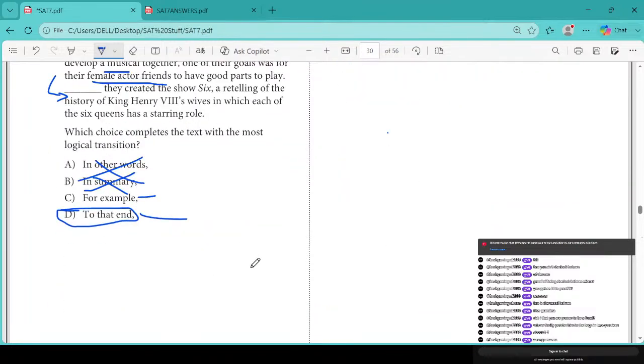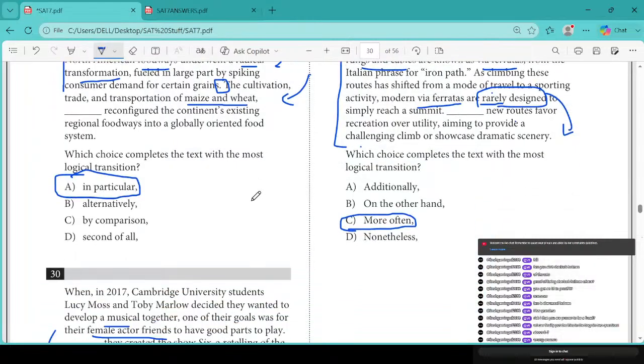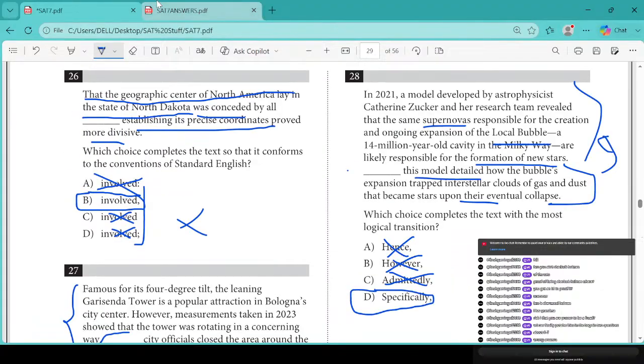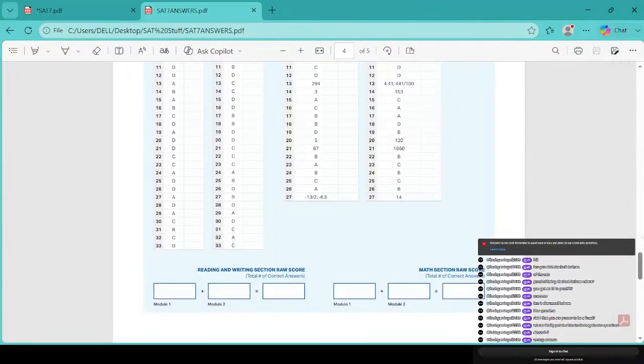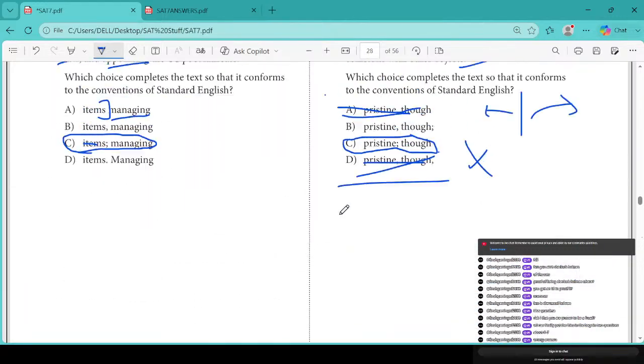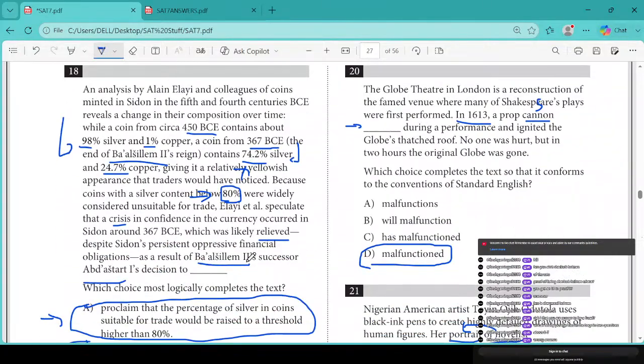We don't even know what that means, but we actually got it. 31 is C. And then it's A and C. Well, chat, I got how many wrong? 1, 2, and 3.